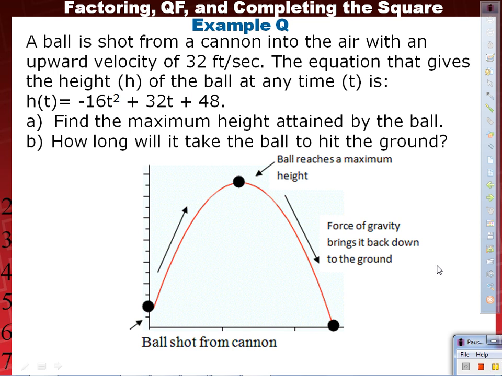All right, so let me break down this problem really quick just to make sure we understand what we're looking at. The problem says, again, a ball is shot from a cannon into the air with an upward velocity of 32 feet per second. The equation that gives the height h of the ball at any time t is h of t equals negative 16t squared plus 32t plus 48. Find the maximum height attained by the ball, and how long will it take the ball to hit the ground.